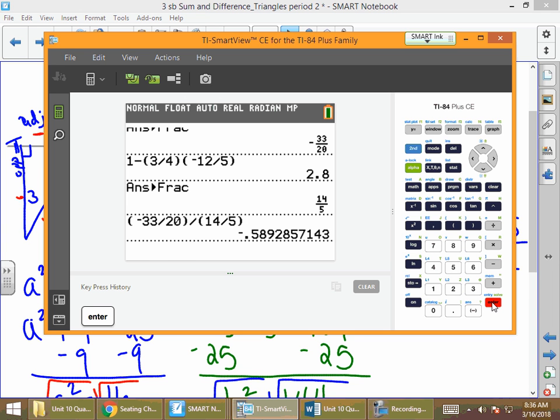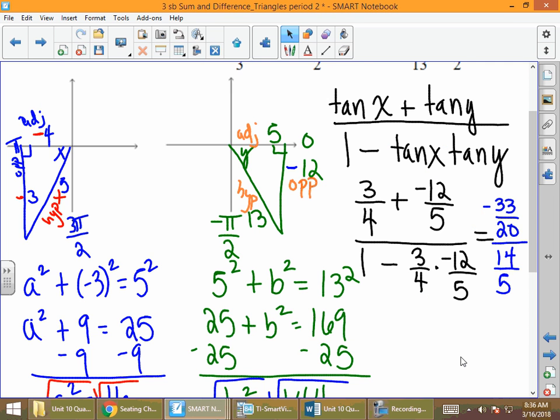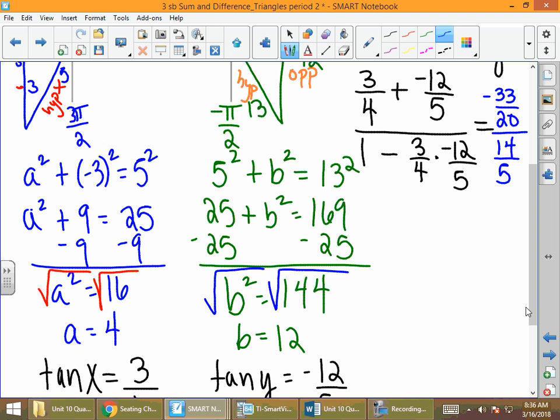But lastly, Math, Enter, Enter, and we get our fraction value of negative 33/56. For those of you who have the fraction button, it's worth it. But negative 33/56. That's our exact answer on this problem.